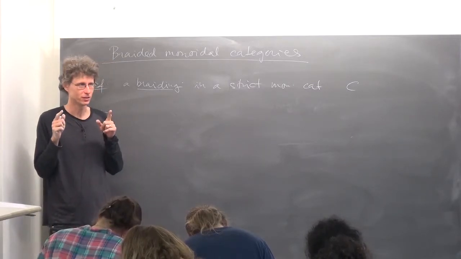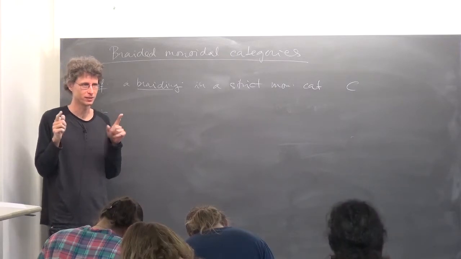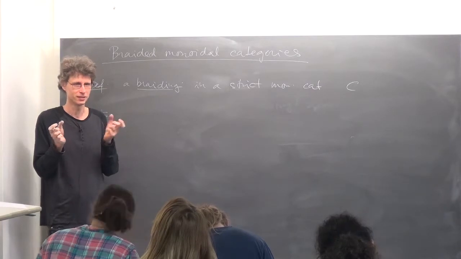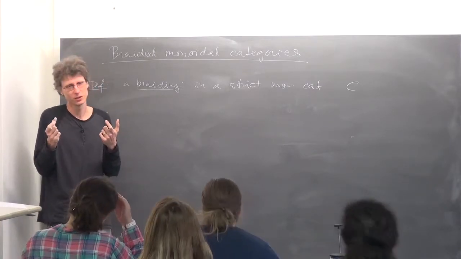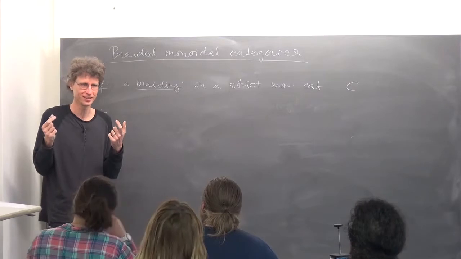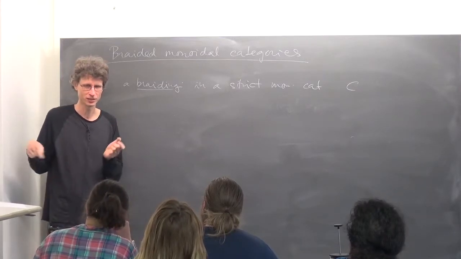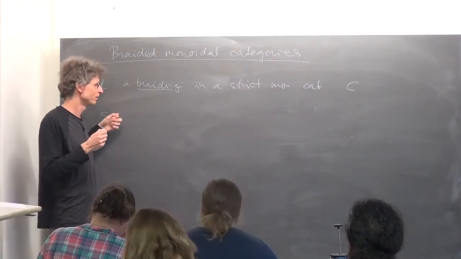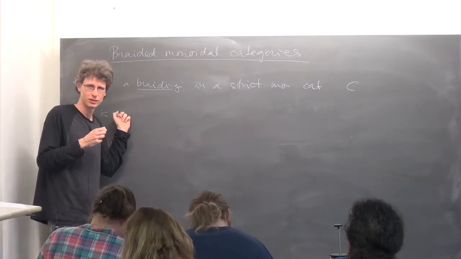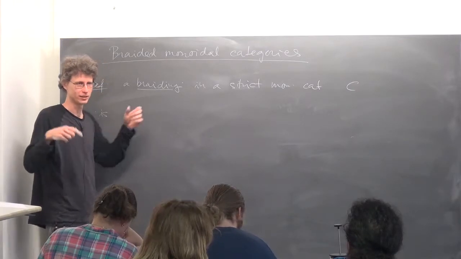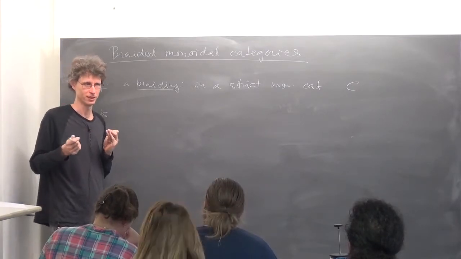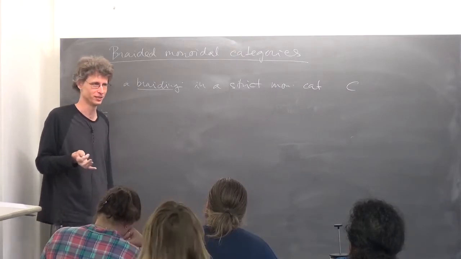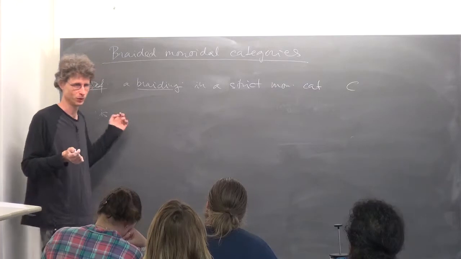You see, in categories like sets or vector spaces, this product is sort of commutative. You can say that x times y is not really equal to y times x, but it's always canonically isomorphic. So we're going to have something similar here, but in the case of categories, one can have some weaker type of commutativity.